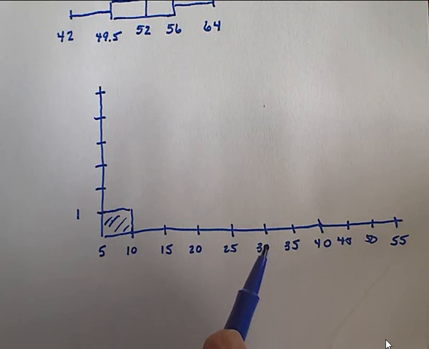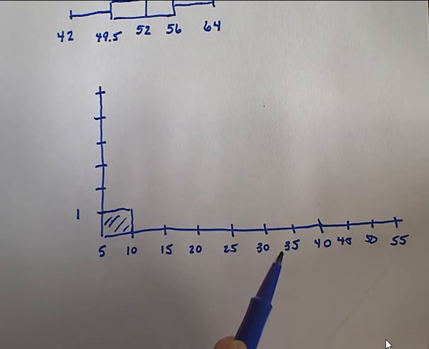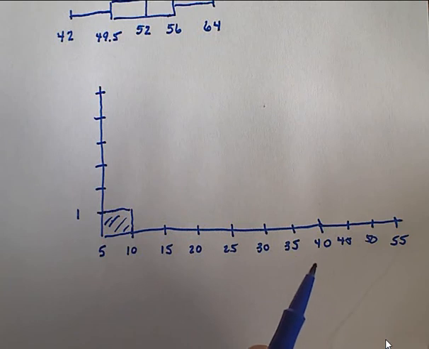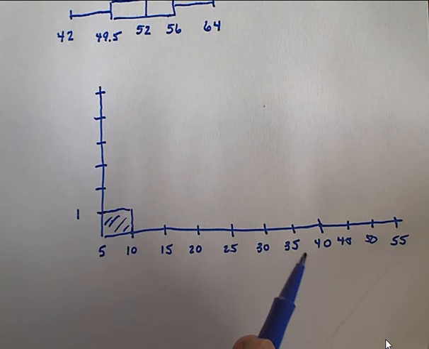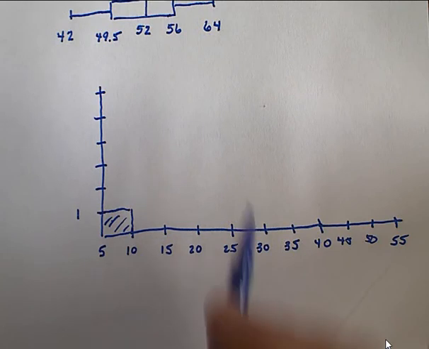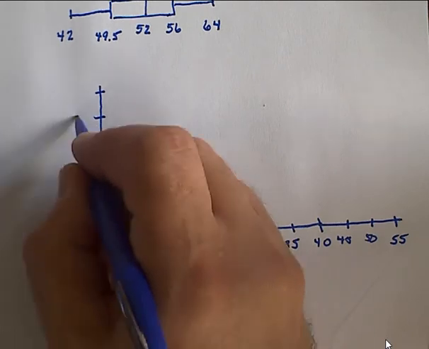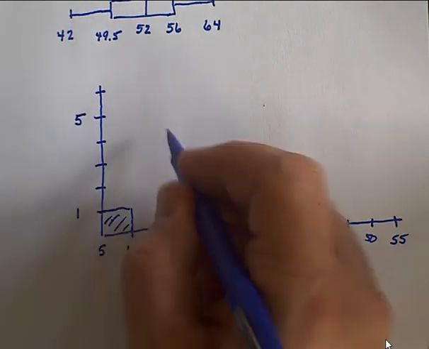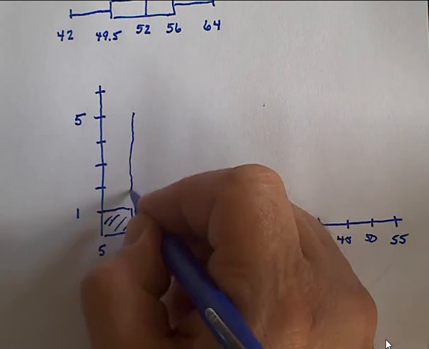They basically went up to 14. They considered 15 to be part of the next group. So when you count anything that includes 10 but is less than 15, there are 5 of them. Okay, so from 10 to 15, we have 5.